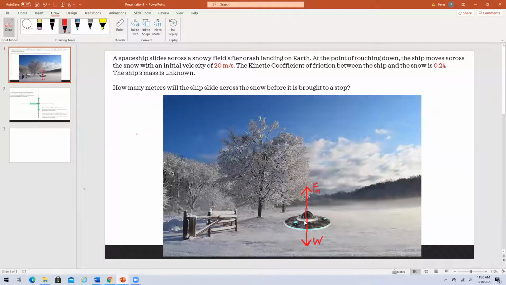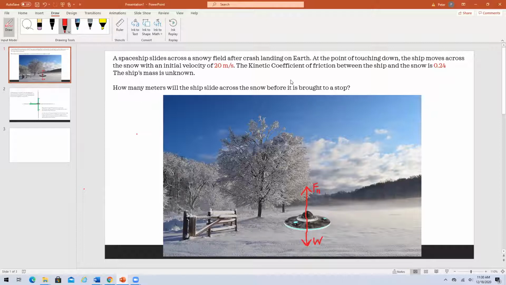So in the x-axis, what forces are acting on this ship? Well, we know that there's friction between the ship and the snowy field, and we're given a kinetic coefficient of friction that describes the frictional relationship between an object and a surface that it's trying to slide past while it's already moving.